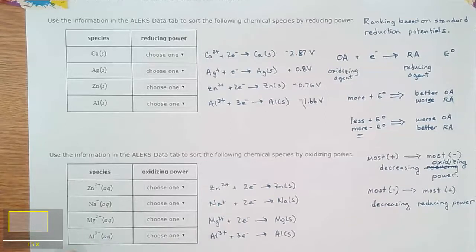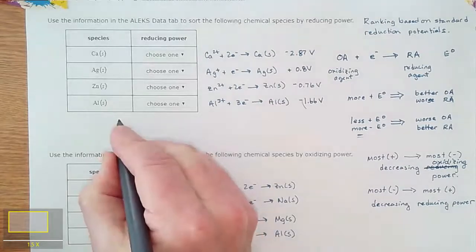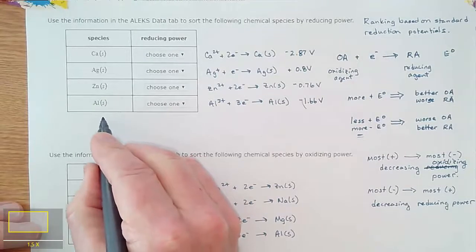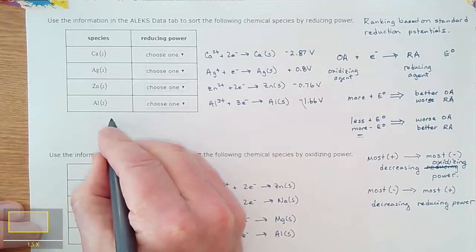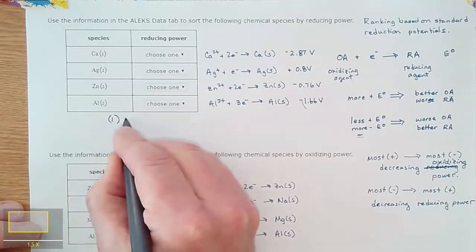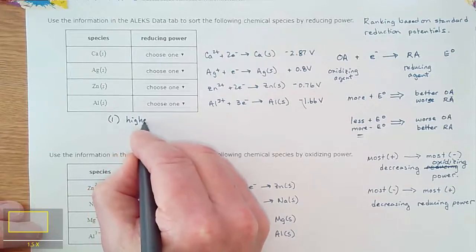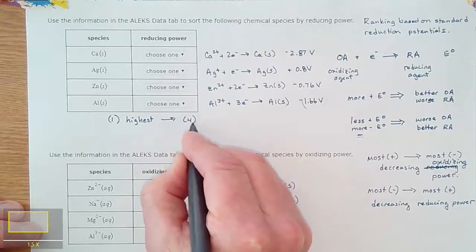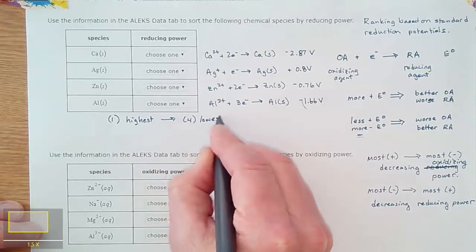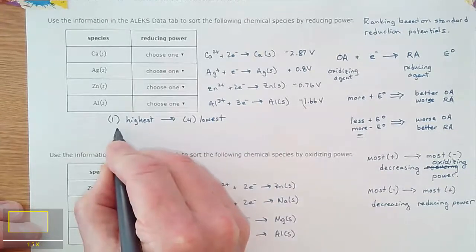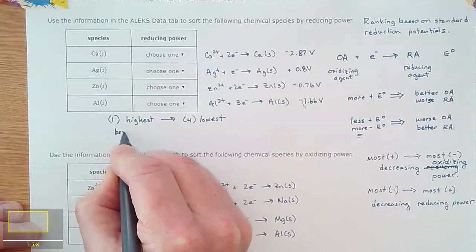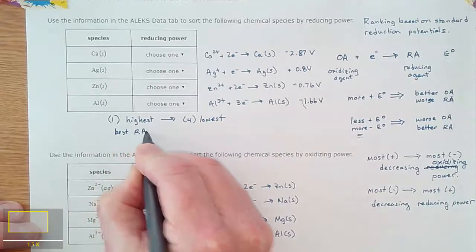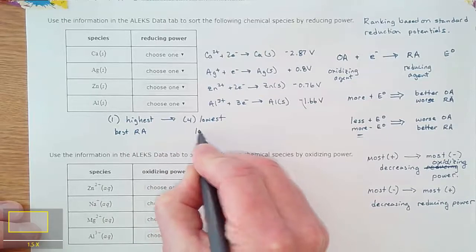So ALEKS wants us to rank all of these species in terms of their reducing power, and it wants us to go 1 being the highest to 4 being the lowest. So the highest reducing power, meaning the best reducing agent, to the worst reducing agent.